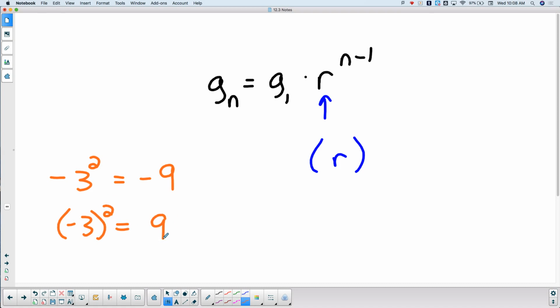Because now I'm taking -3 times -3. And those two are different. I can't read your intentions on your paper. You might want it to say -3 to the n minus 1 power, but without putting that -3 in a set of parentheses, it doesn't mean the exact same thing. It means something totally different.